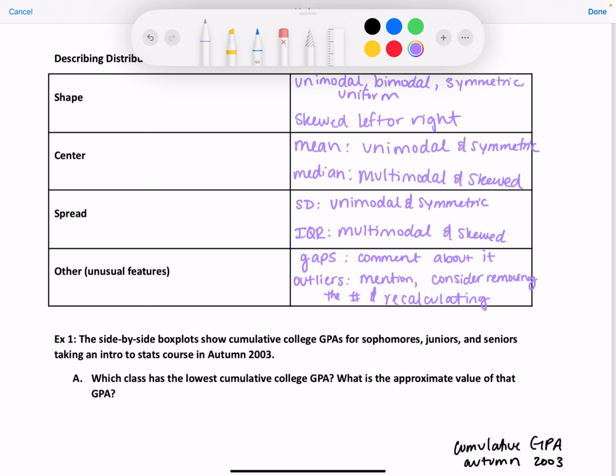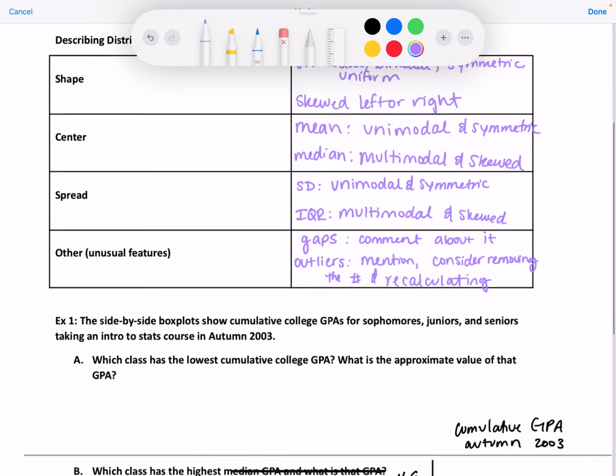Sometimes we call it multimodal. Oh, I did say multimodal in the next box. Yes. Do we call it multimodal sometimes because you might have more than just two? Yeah, it could be more than two, so they get used interchangeably. It doesn't matter which one you use. I mean, if it's got 3 humps, don't say bi. Alright, can I go now? Yeah.